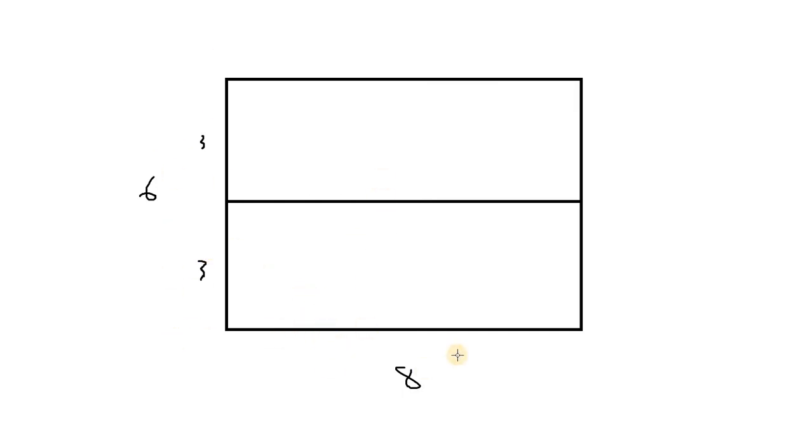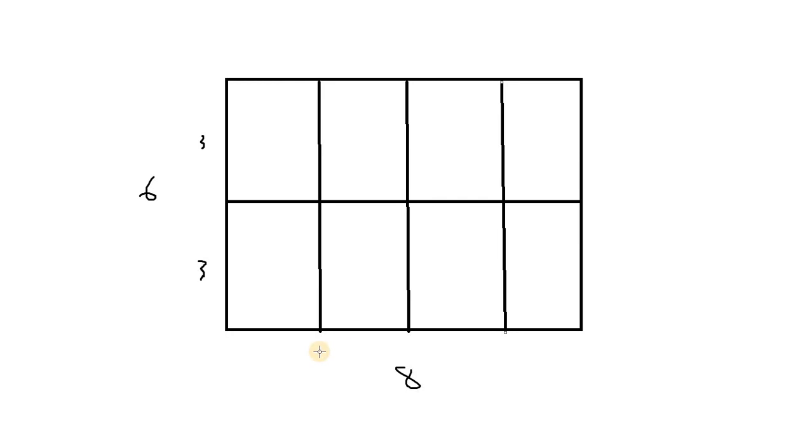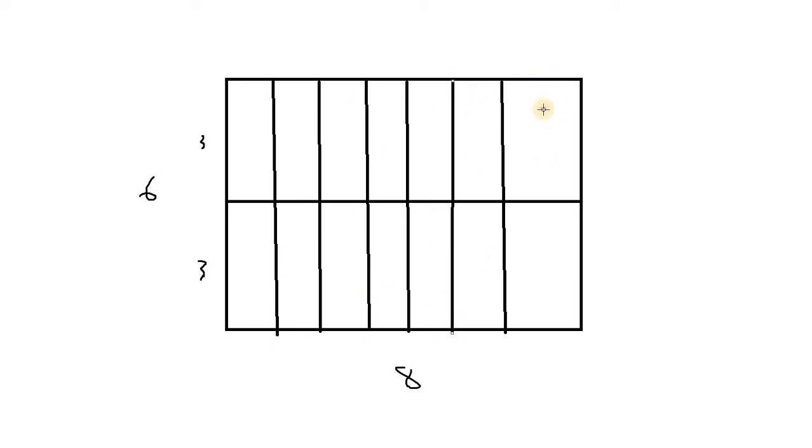Now let's go to this one, which is 8. First, 8 is even, so you can cut in half. Now you have 2 groups of 4. 4 again is even, so you can divide in half. The same goes for this side. And then once again, 2 is even, so we divide that in half once more, to finally end up with 1, 1, 1, 1, 1.